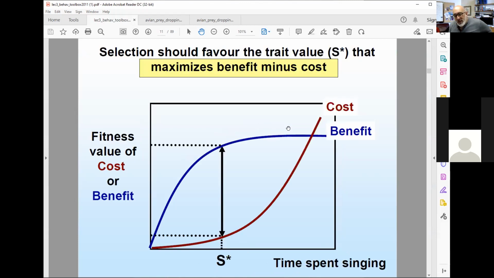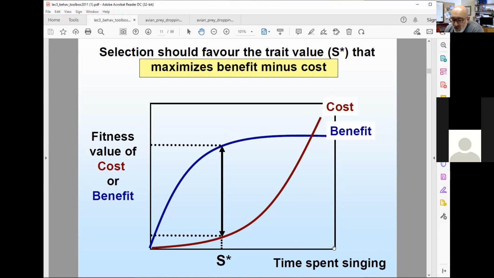Okay, so when we think about cost-benefit analysis, we need to look at which point, if we're again considering these crickets and the time spent singing, is the optimal amount of time spent singing?